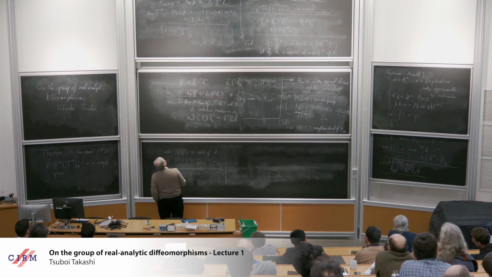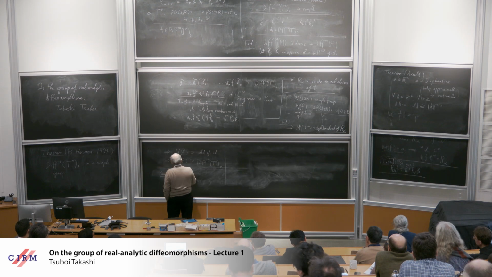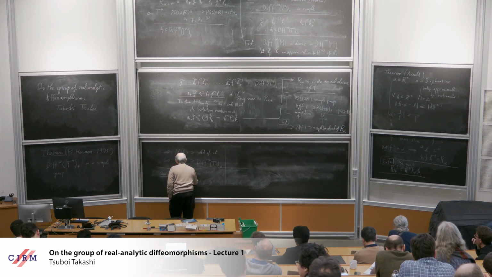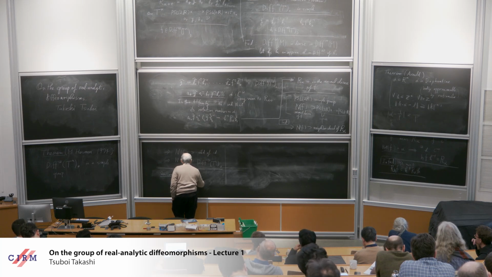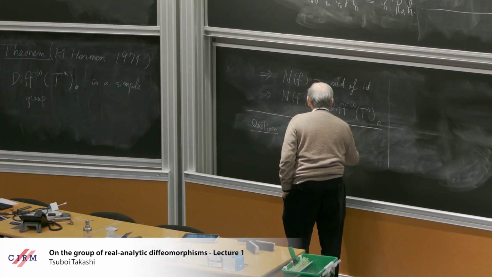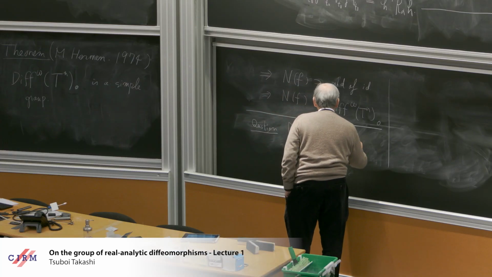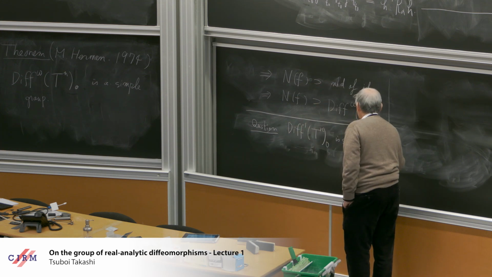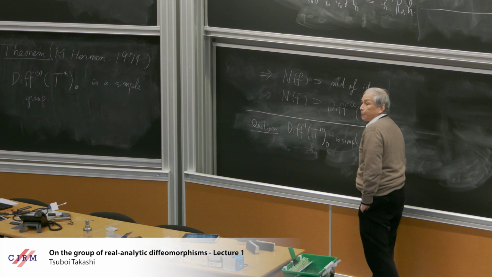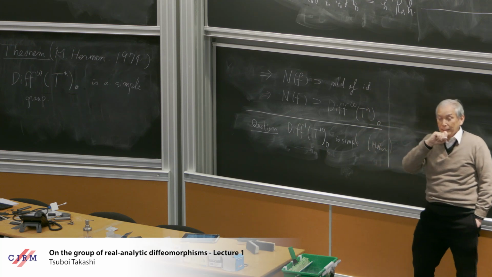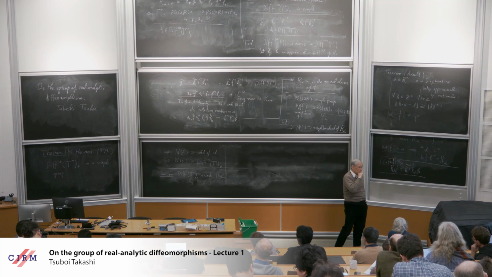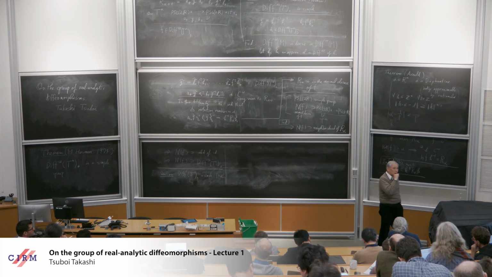I think we can use the fact that Diff 1 Tn of 0 is simple. It is given by Mather. And more than that, we can give an explicit proof.